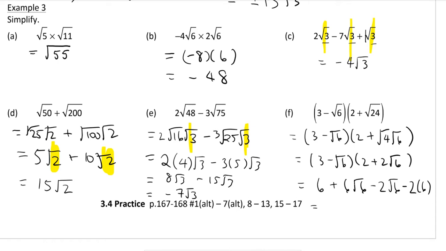We have something that we can work with, because the 6 and this minus 12 can go together, and the 2 root 6s can also be combined. Okay, so at this point, we're almost done. One more step. 6 minus 12 is negative 6. And you have 6 minus 2, because we're collecting like terms. That will give me 4 root 6.